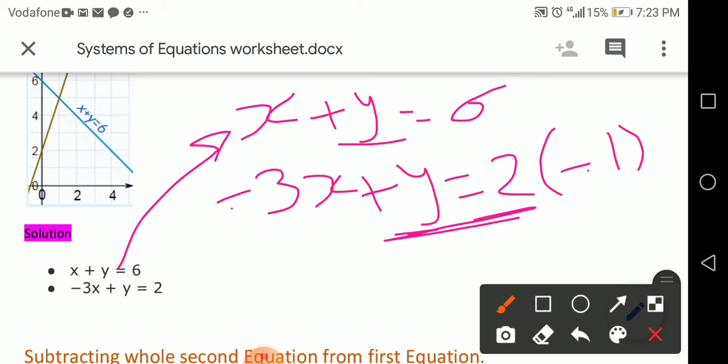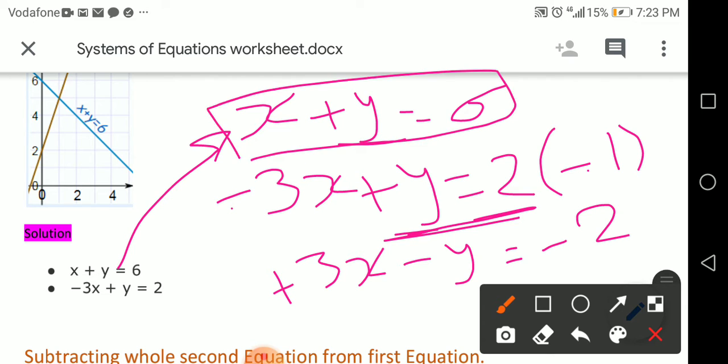Negative times negative gives me positive 3x. Negative times positive gives me negative y. Then negative times positive 2 gives me negative 2. So here I've got positive 3x minus y equals negative 2. And the first one is x plus y equals 6.